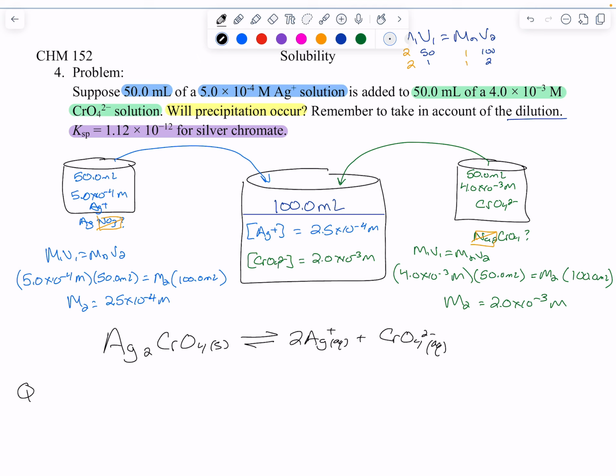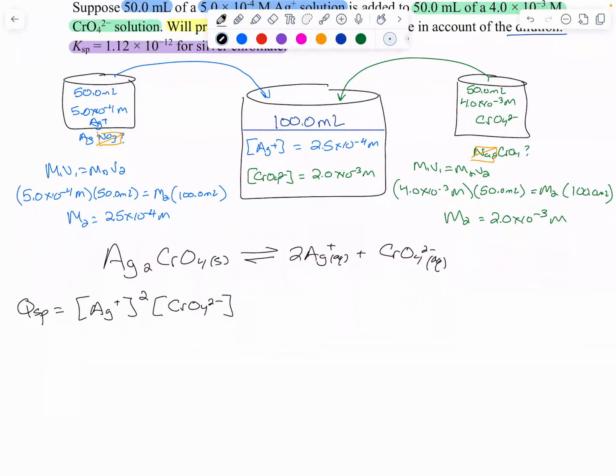So QSP would be equal to silver ion squared times chromate. Well, we know what those are. So QSP, all right, for silver, it's 2.5 times 10 to the minus 4 molar. Chromate, 2.0 times 10 to the negative third molar.